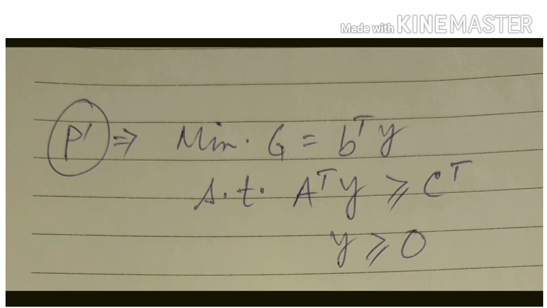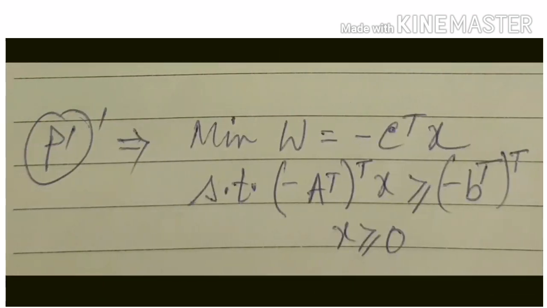That is, we are multiplying each constraint by -1 so that the inequalities become less than or equal to, and multiplying the objective function by -1, our objective becomes to maximize. So if we consider finding the dual of the dual problem, it will become minimize w = -cᵀx subject to -(Aᵀ)ᵀx ≥ -(bᵀ)ᵀ and x ≥ 0.